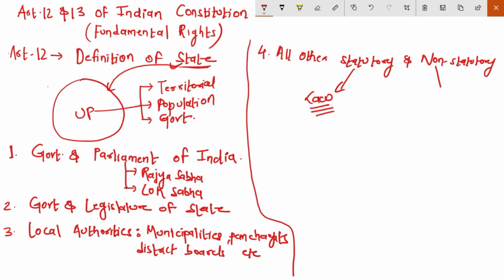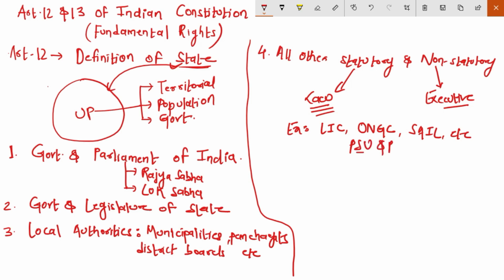Non-statutory authorities are the executive authorities, which are not framed under the law, but are a kind of government agencies. Examples are LIC, the Life Insurance Corporation, ONGC, the Oil and Natural Gas Corporation, SAIL, the Steel Authority of India Limited, etc. So some PSUs or PSEs, that is, public sector undertakings and public sector enterprises, come under these statutory and non-statutory authorities.